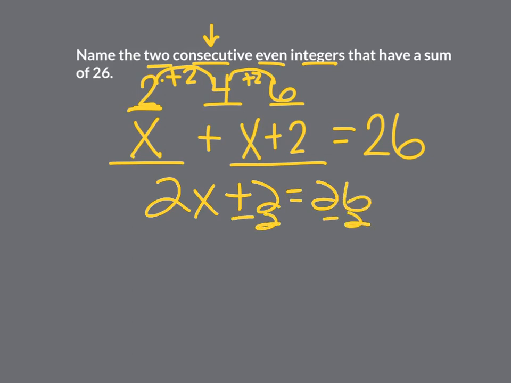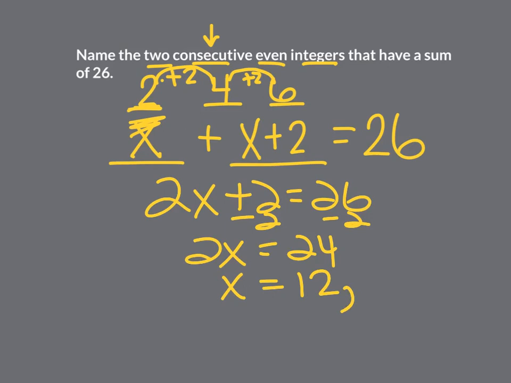Subtract 2. 2x equals 24. Divide by 2, so x equals 12. So my first integer is 12, and the next one, 12 plus 2, is 14. Those are two consecutive even integers that add up to 26.